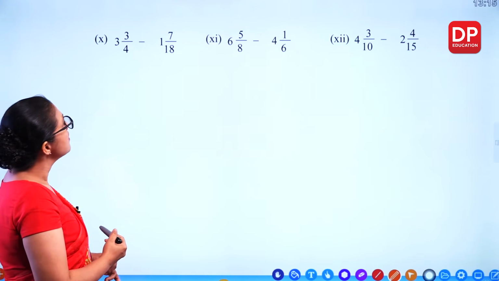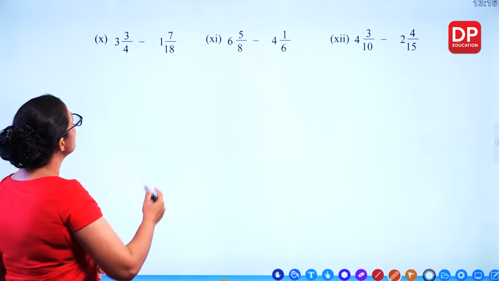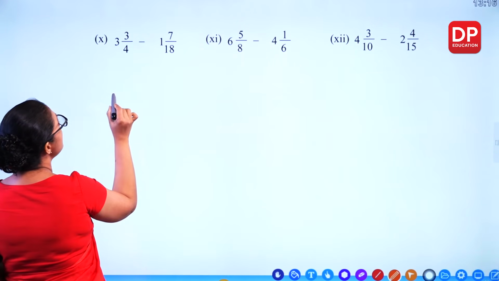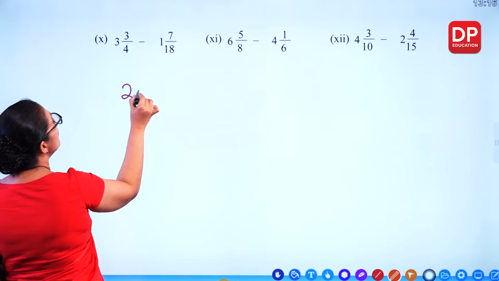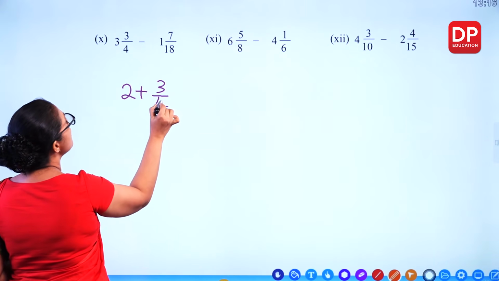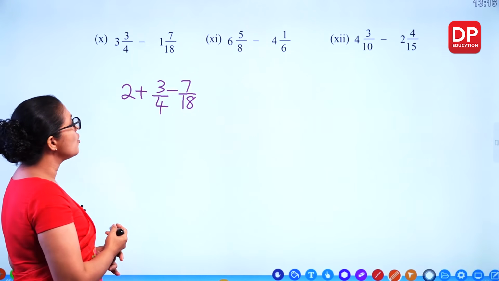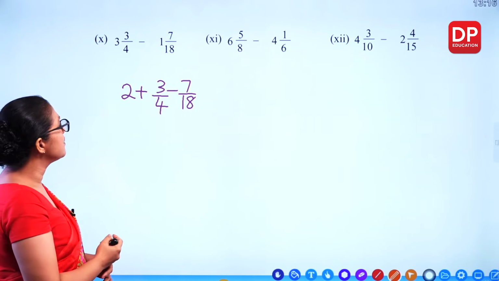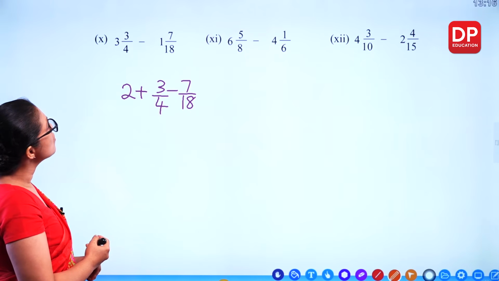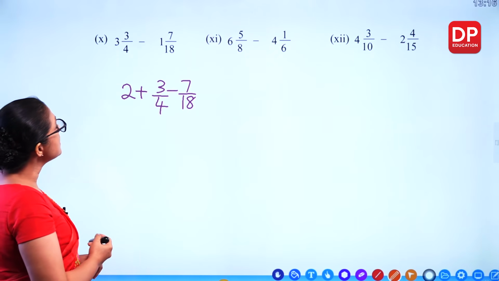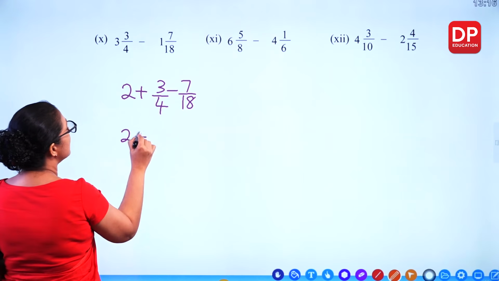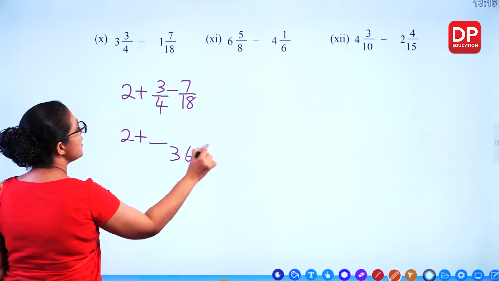This question, still subtraction. So you can subtract. 3 minus 1, you get 2. Now you can subtract 3/4 and 7 over 18. What's the common denominator of 4 and 18? So you can convert to 36. 36 is the common denominator.